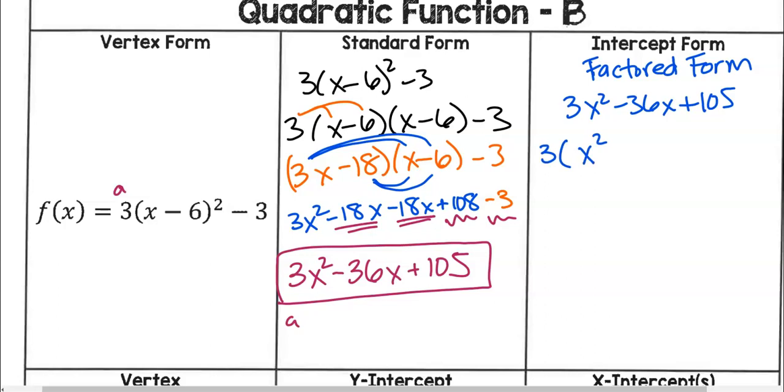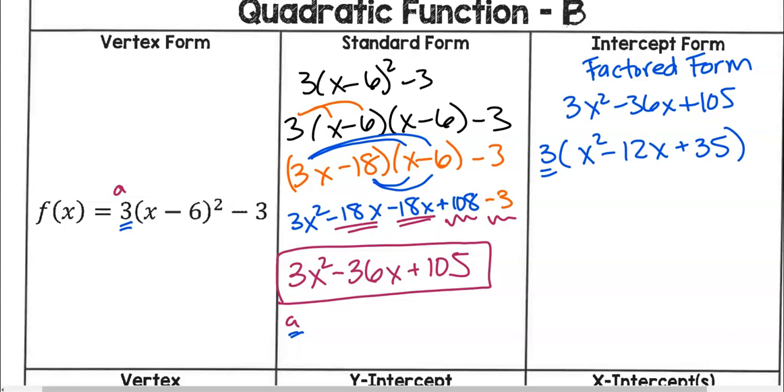We get x squared. We get negative 12x. And someone's going to have to help me. What's 105 divided by 3? 35. And again, recognizing that these all had a 3 out front is what helped me recognize that I'm going to have to pull a 3 out on my factored form. Okay, Xbox time.